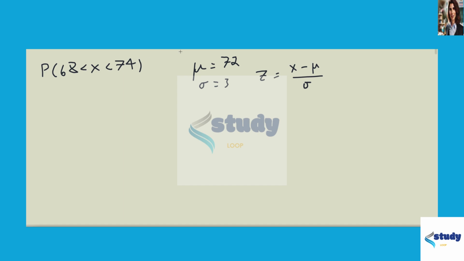So now the way that we're going to solve this is by splitting it up into two separate z-score values and solving for them separately.